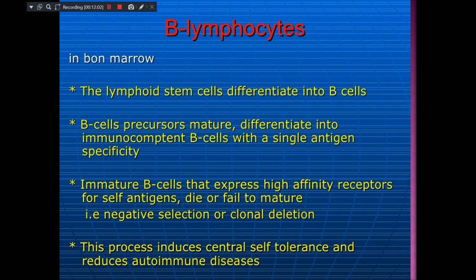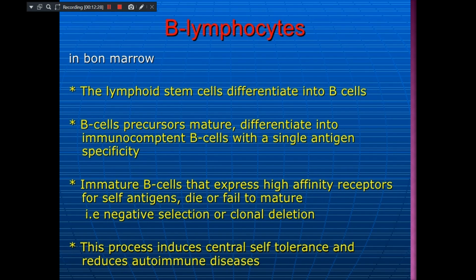A very interesting feature of the B lymphocyte: when they mature, they differentiate into immunocompetent B cells with a single antigen specificity. Remember, a particular B cell is always sensitive to a specific single antigen.